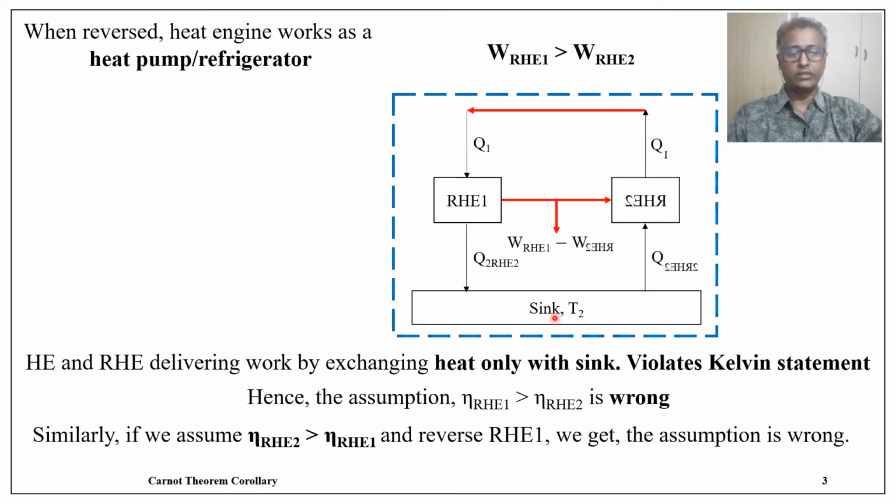And hence, we conclude the efficiency of reversible engine 1 is equal to the efficiency of reversible engine 2. This is a corollary of Carnot theorem. What it says: all the reversible engines operating between the same two temperature limits will have the same efficiency.